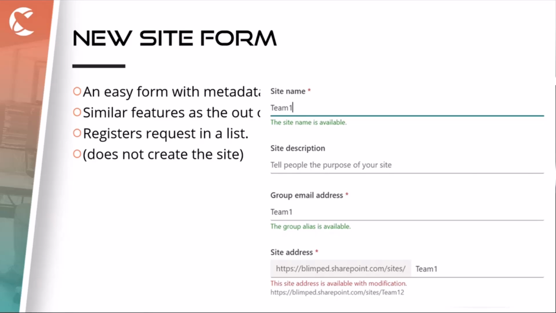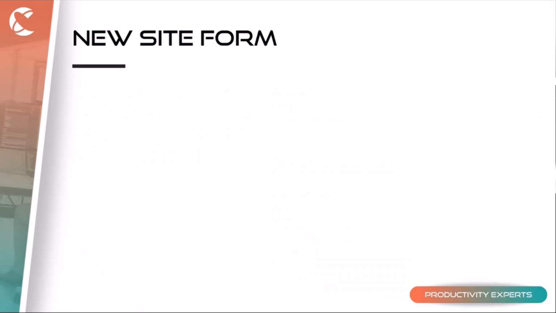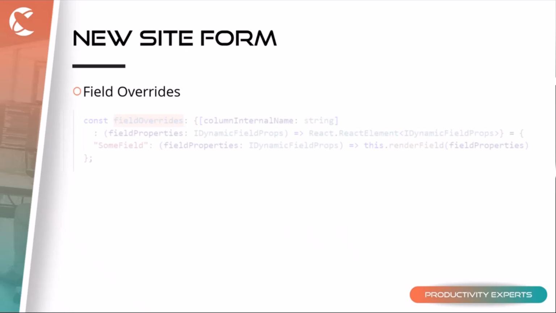So for this to work, you would need to alter the functionality of the dynamic form a bit. Fortunately, there's a few fantastic features in a dynamic form that allow you to do this. These are called the field overrides.